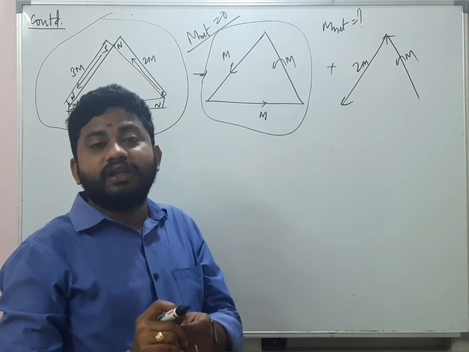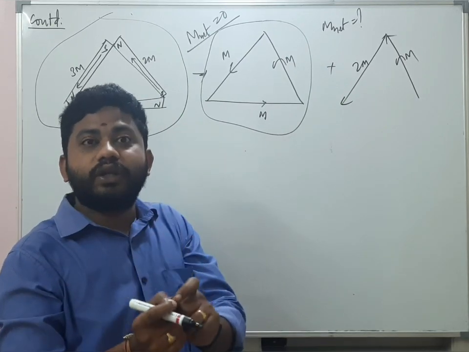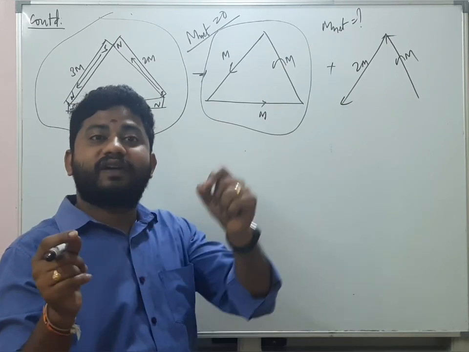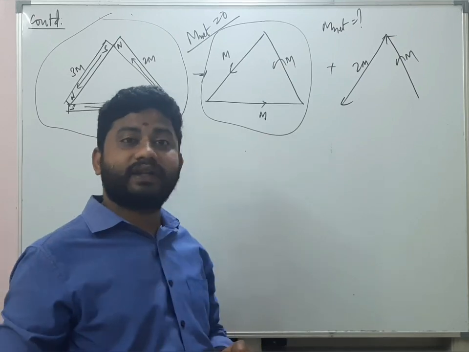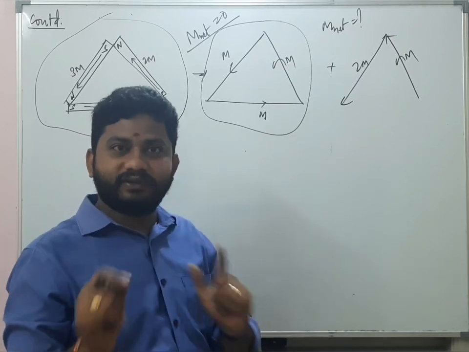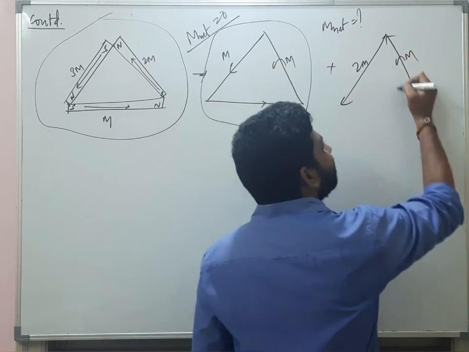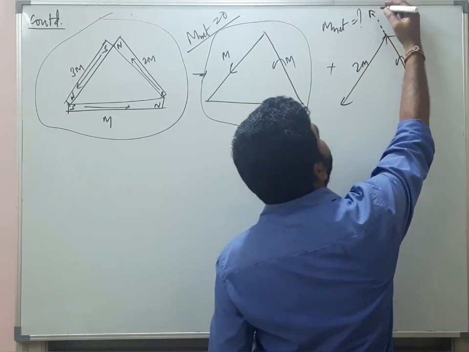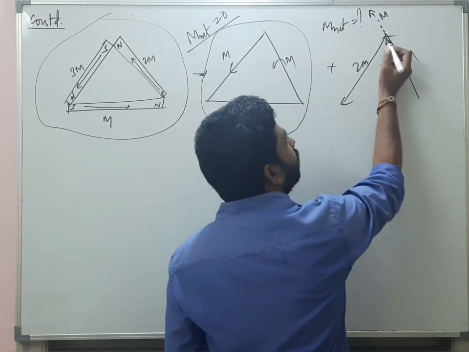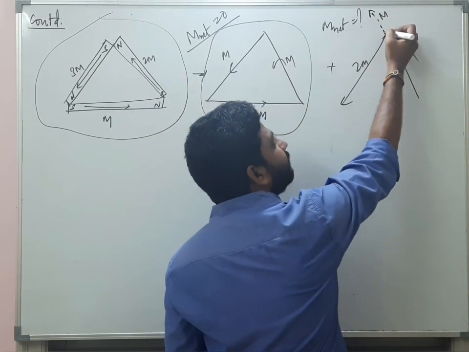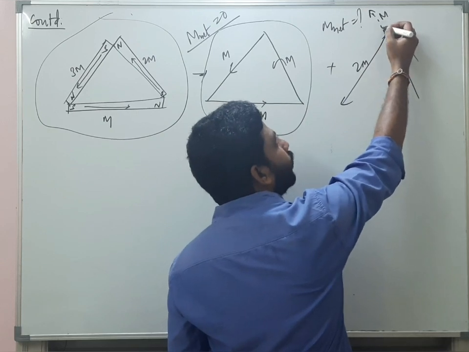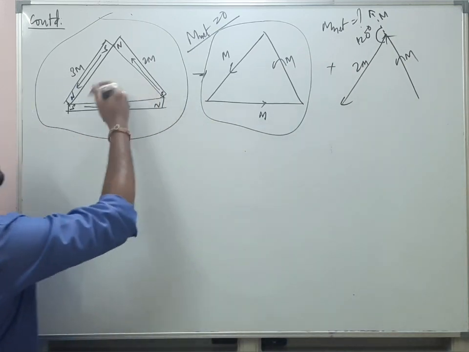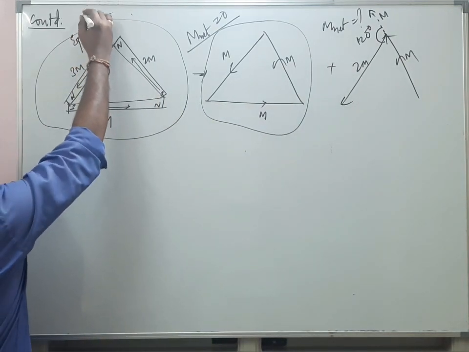The angle between the two tails when they are joined tail to tail, or the angle between the two vectors when they are joined head to head. Now here, I can draw this vector in this way as a free vector. So this is M, the free vector I have drawn here. Now the tail of 2M and the tail of M are connected at one point, and the angle between them is 120 degrees because we had considered it an equilateral triangle.